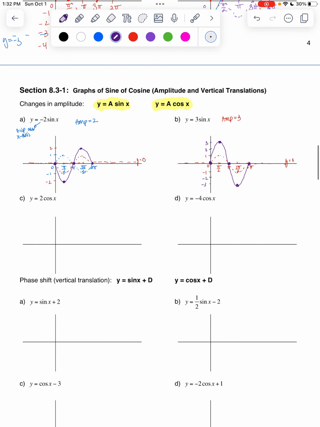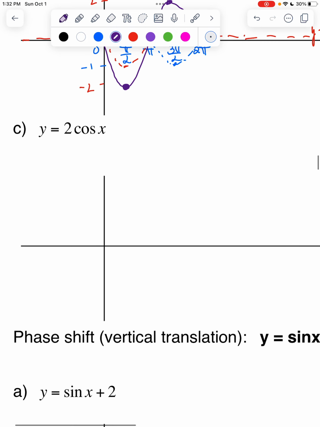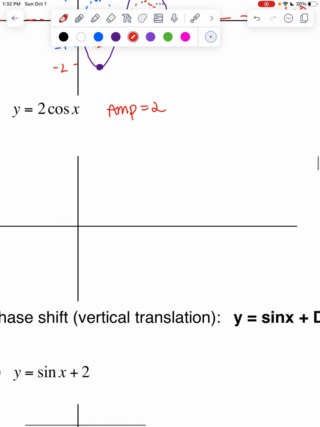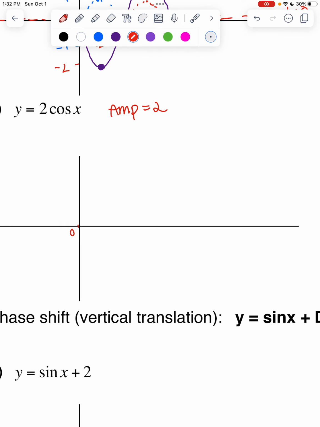Okay, same thing with cosine. It looks like our amplitude in this case is just 2. So again, I'm going to start with my parent function. Now we're dealing with cosine, so our function is different this time.